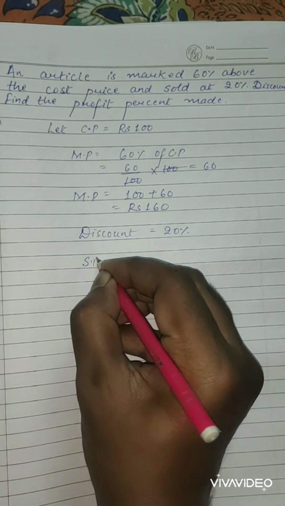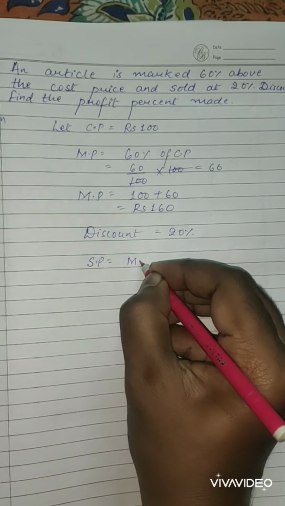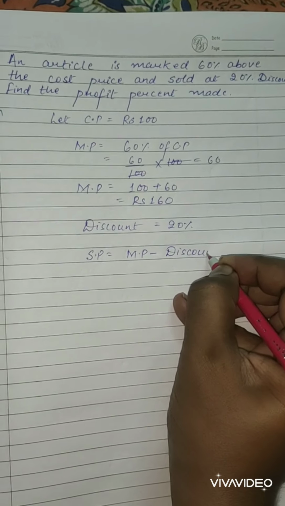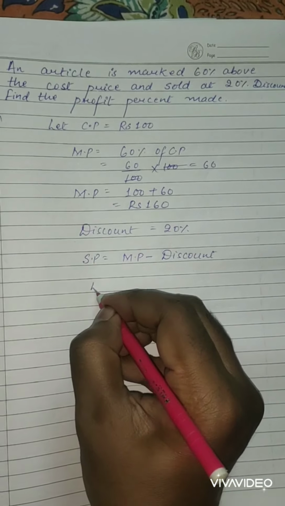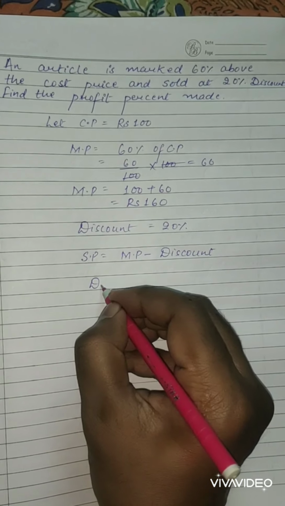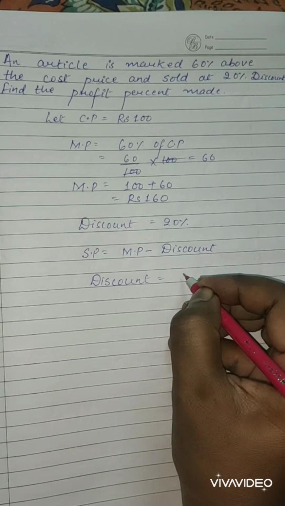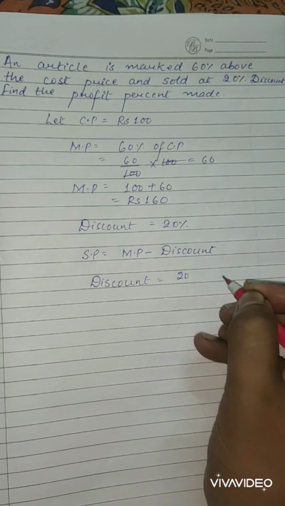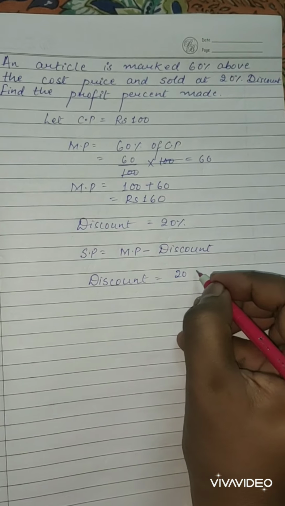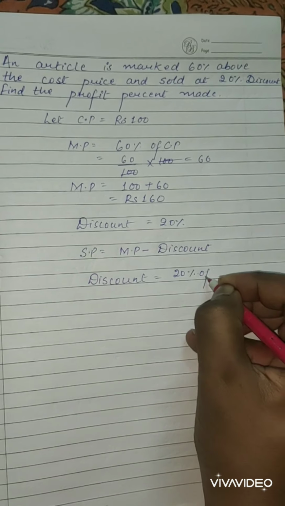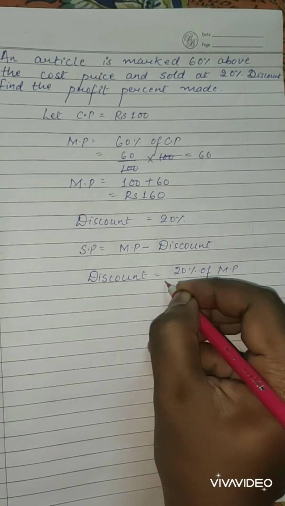So selling price is equal to mark price minus the discount. So first we have to take out the discount. So discount is equal to 20% of mark price.